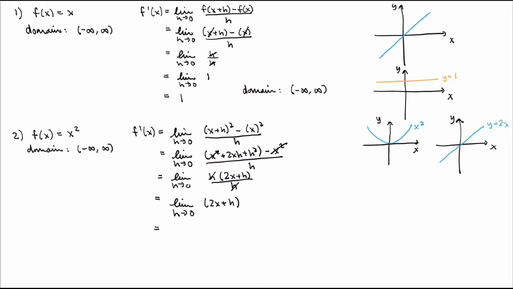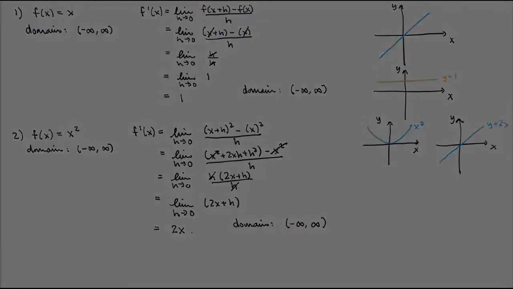So for any real number x, I end up with the statement that the limit here is equal to 2x. And since this is defined for all real numbers, the domain of the derivative function in this case is also all real numbers. So it's the same as the domain of the original function. All right, so this is exactly how you prove my statement that the derivative function for the function x squared is just the function 2x.